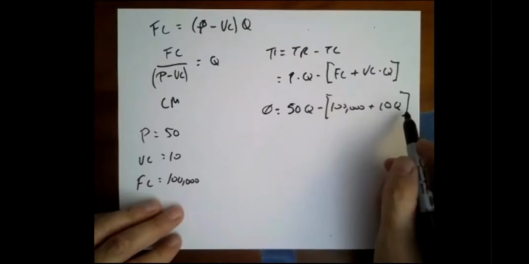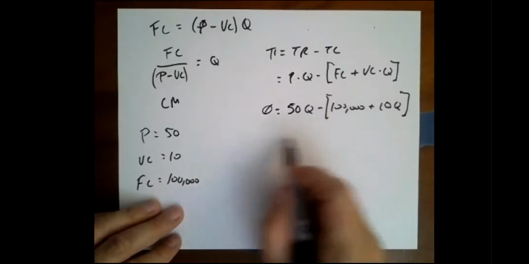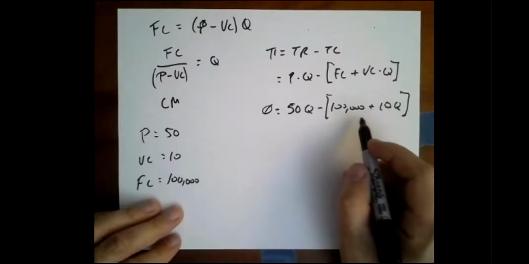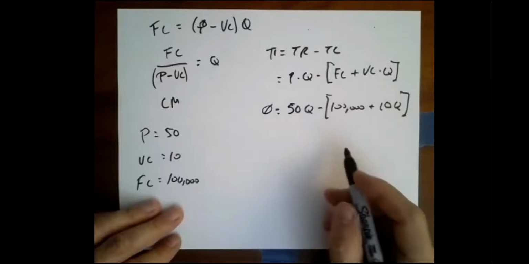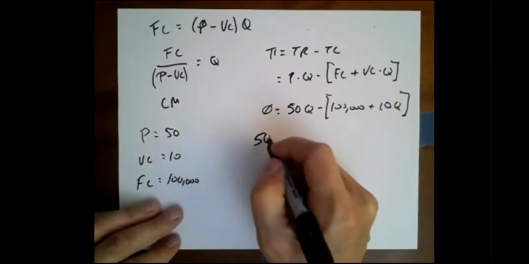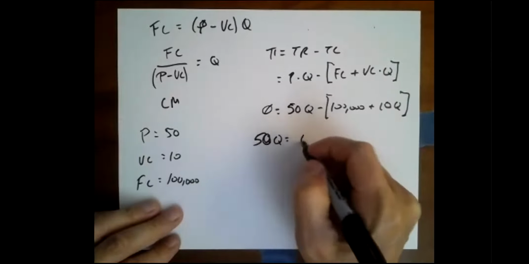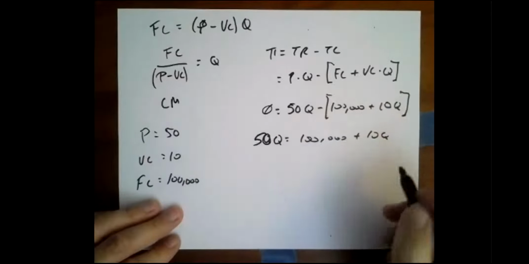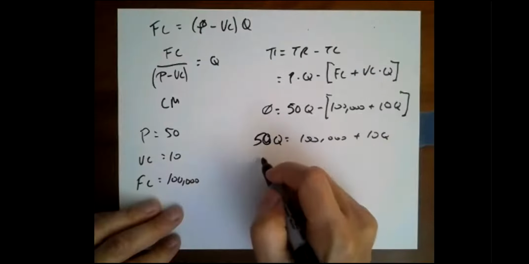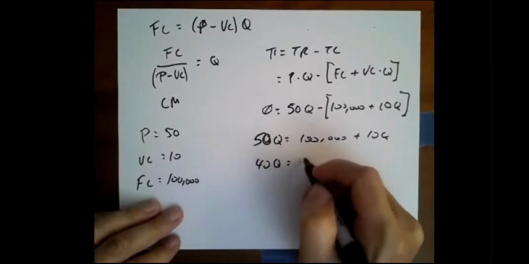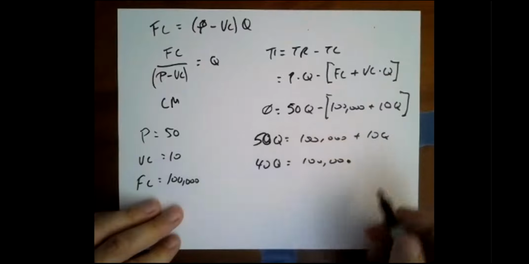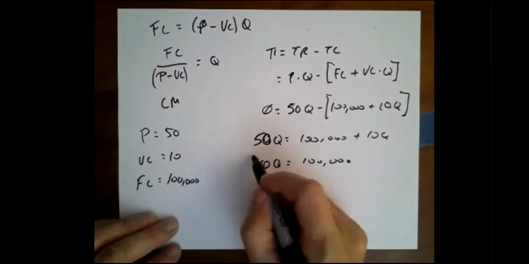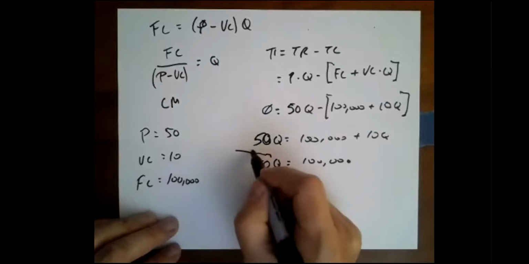So we can carry this negative term over to the left side, adding 100,000 plus 10Q to both sides. We get 50Q equals 100,000 plus 10Q. We subtract 10Q from both sides. We get 40Q equals 100,000. 40, as I said a minute ago, is the contribution margin.